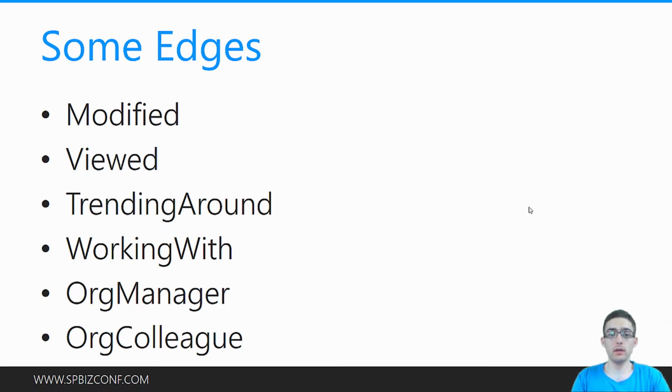For example, we have one insight which is trending around. The idea of trending around is that I, Vincent, as a developer at Negotium, work on documentation, I talk to people, I send emails, I talk to people on Yammer and stuff like that. So that will be all the content trending around me, but that's not all. I talk very often with my boss and other people in my team, and they also work on other documents, other emails, other conversations.